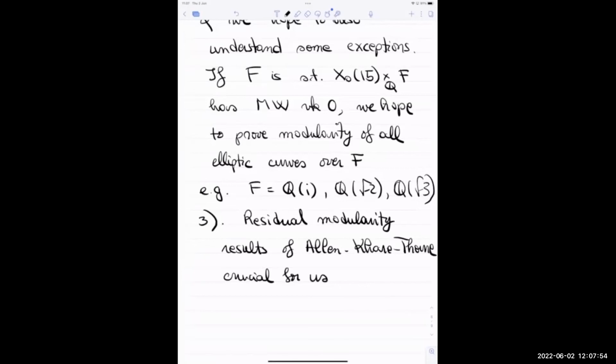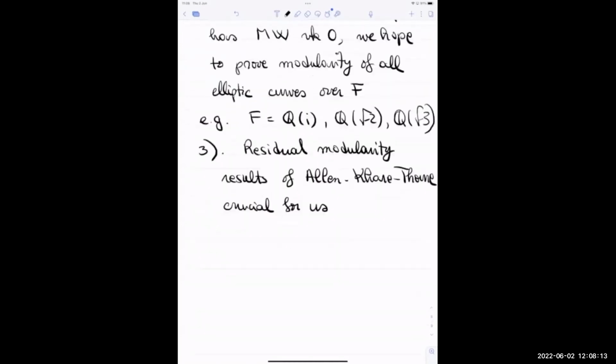And I should say they already proved the modularity of a positive proportion of elliptic curves over imaginary quadratic fields by combining their residual modularity results with an ordinary modularity lifting. And there was recently a paper on the arXiv of Dimitrov and Whitmore, who also proved modularity of a positive proportion of such elliptic curves.